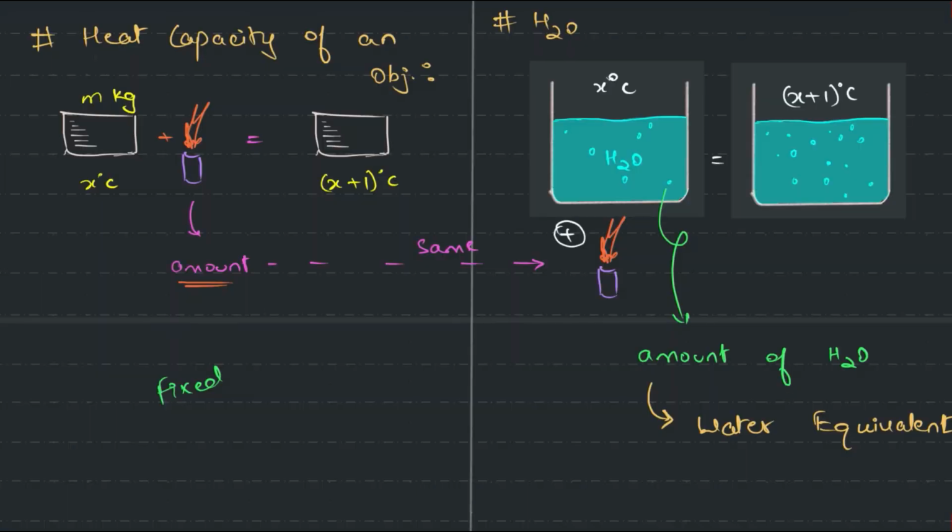So basically, if I know the heat capacity of the entire object, and I divide that by the specific heat capacity of water, that will give the water equivalent.